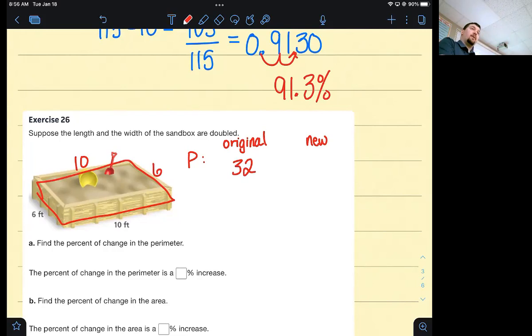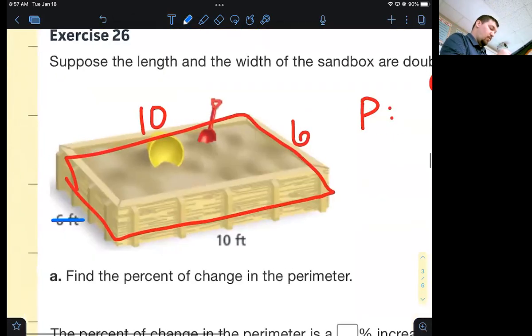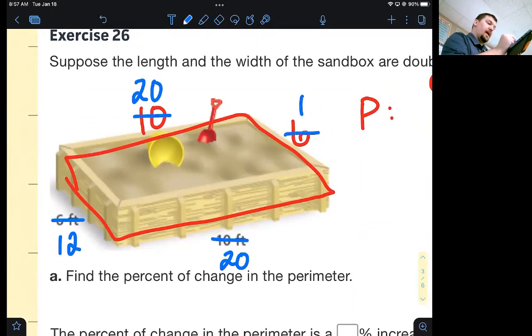We need an original number and we need a new number. If it's doubled, is that going to be an increase or decrease? Increase. Okay. So if it's doubled, our new dimensions are now going to be 12 and 20 for our length and our width.